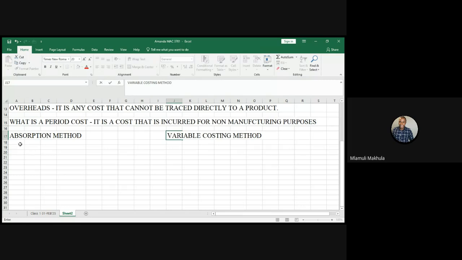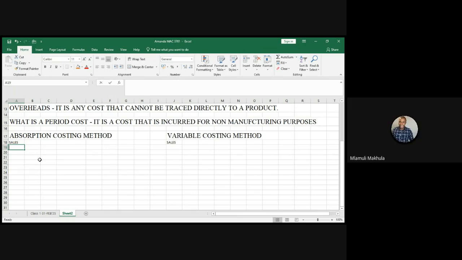Okay, so we'll usually start with our sales, right? And sales are usually the same, nothing changes. After our sales, remember with this side on your absorption costing method, we said we follow IFRS. So you will be doing your income statement just like how you do it in accounting.